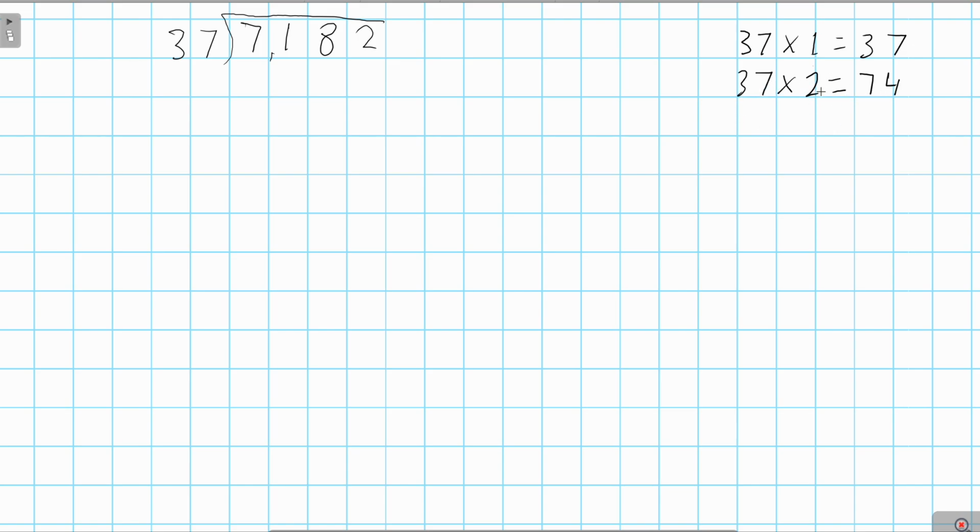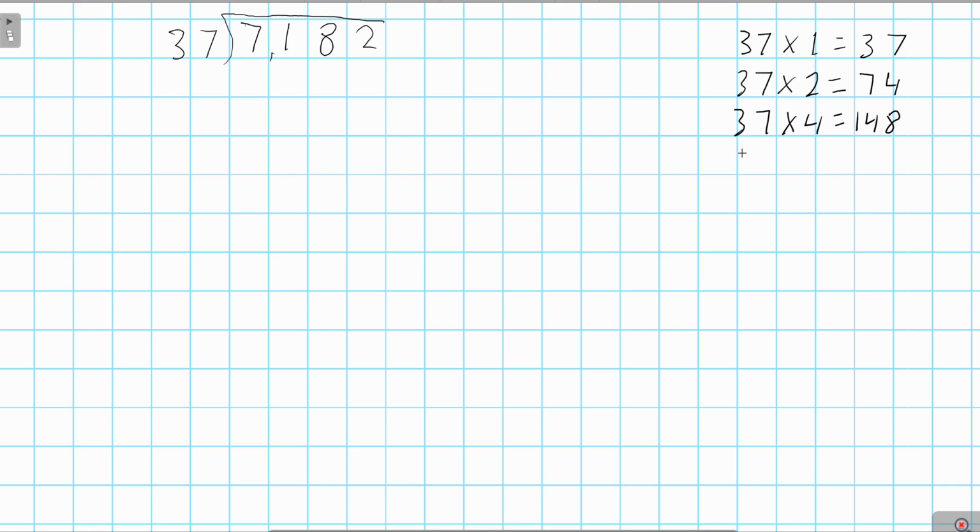And I can also do 37 times 4. Okay, so I can think of 37 times 4 as 37 times 2 two times. So I'm just going to double this in order to get 37 times 4. So 4 and 4 is 8, and 7 and 7 is 14. Therefore, 37 times 4 must be 148.